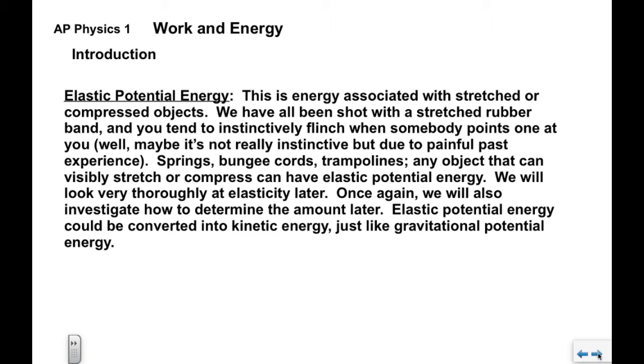We're going to look very thoroughly at elasticity and elastic behavior a little later on. We're also going to look at how to determine the quantity later. Again, elastic potential energy is called potential energy because it can be converted into kinetic energy, like when the person shoots the rubber band at you.